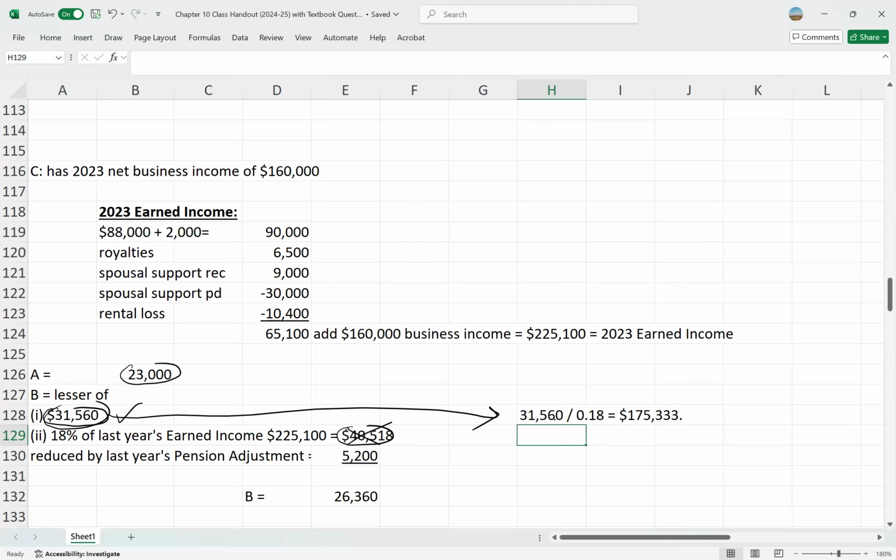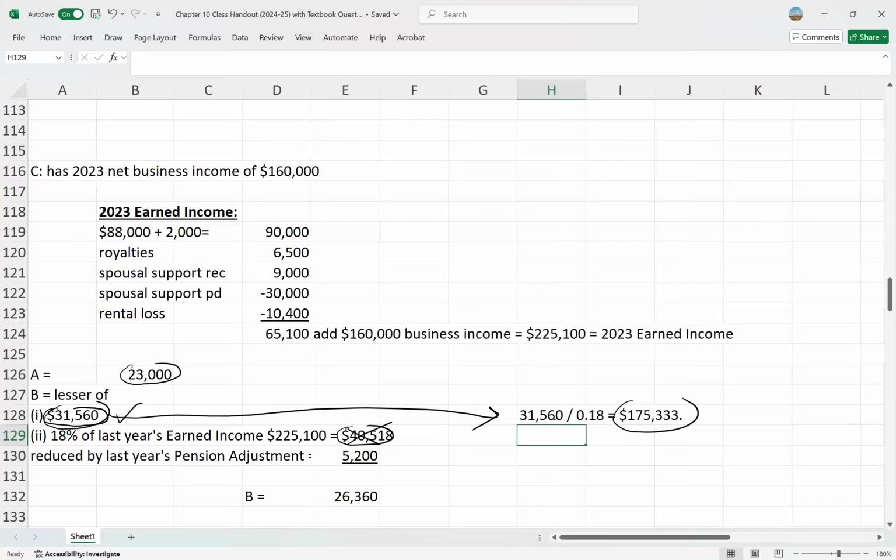So sometimes, let's say you're operating a business, maybe you have your own corporation and you're paying yourself a salary. You're an employee of this corporation that you own, and you want to maximize your RRSP deductions for every year. Some owner-managed businesses will pay themselves up to this amount just to get their maximum RRSP deduction limit.